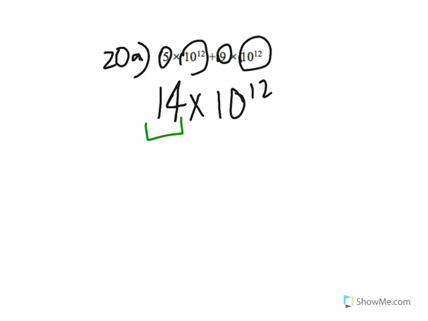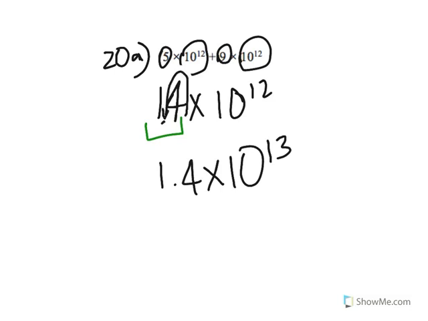So to do that, you divide this by 10, so you get 1.4 into 10 to the power of 13. Since you're dividing this by 10, this power has to increase by 1 to make this number equal to this number.